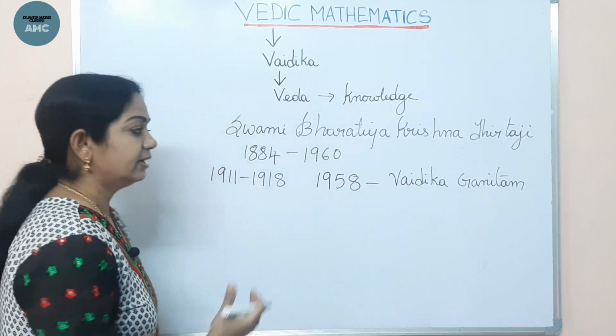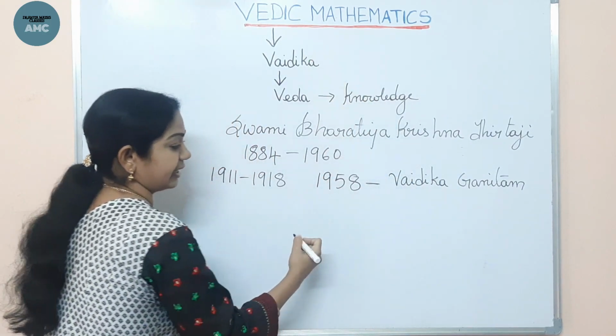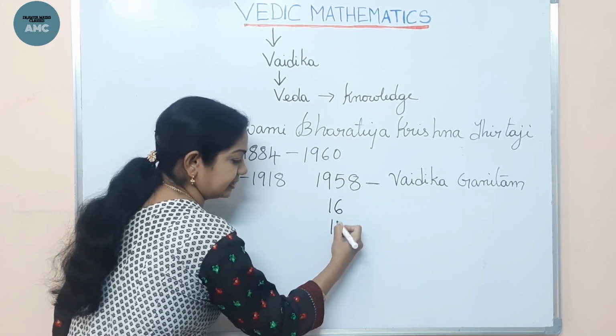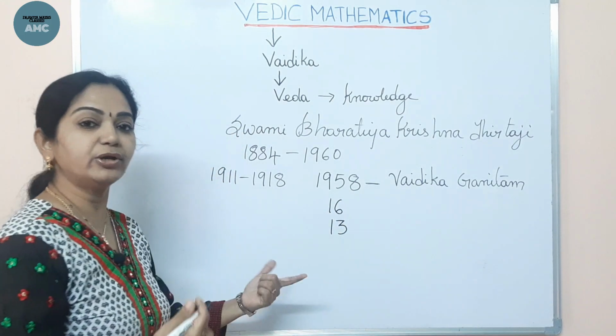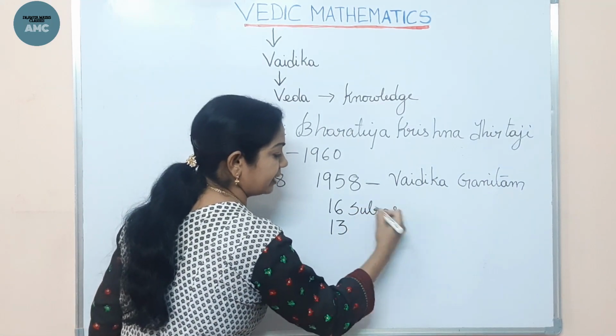In his book, Swamiji wrote altogether 29 sutras. Now, what do you mean by sutra? Sutras are nothing but formulae.